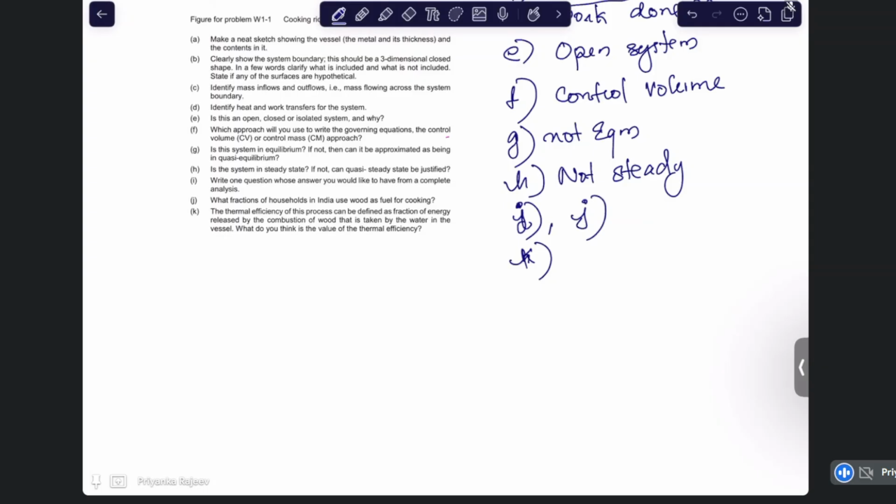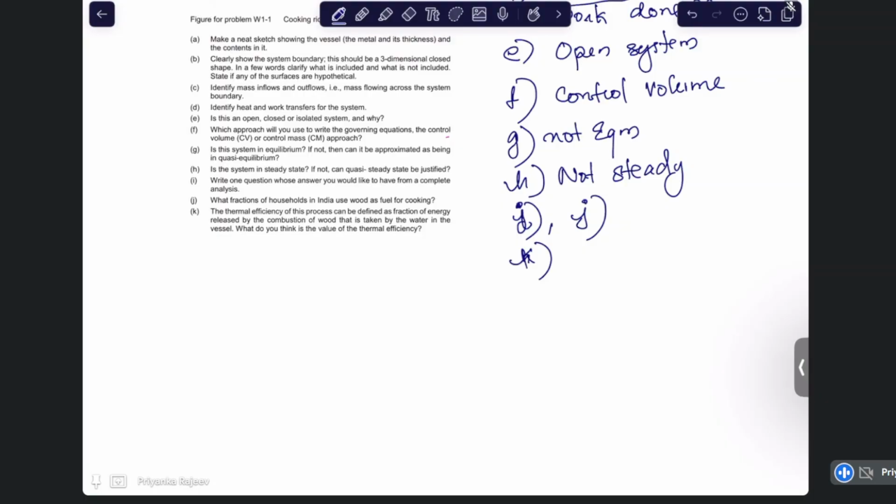Then there is the J question also. What fraction of households in India use wood as fuel for cooking? It will be very less because of the new plans and programs that the government has started, like Ujjwala Yojana and all, which is creating subsidized LPG gas connections for people who are underprivileged. So most of the people have shifted to LPG gas, without relying on wood or similar materials for cooking.